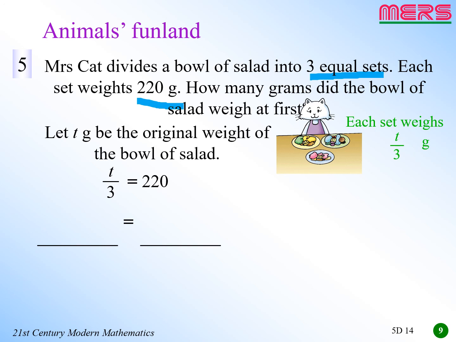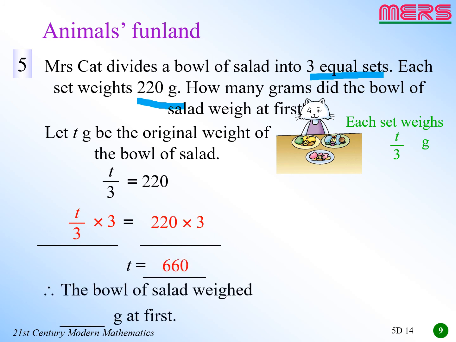So our equation will be T over 3 equals 220. To solve this, we multiply both sides by 3. So T equals 660. The bowl of salad weighed 660 grams at first. So remember, you have to put down the units here and here.